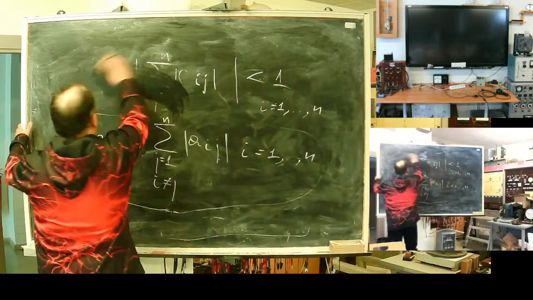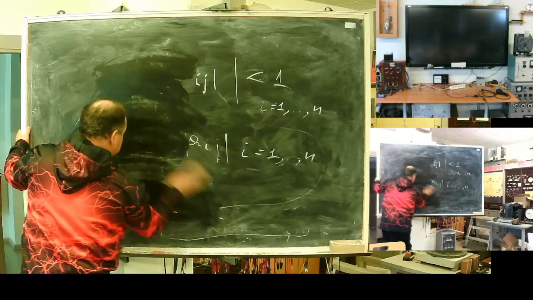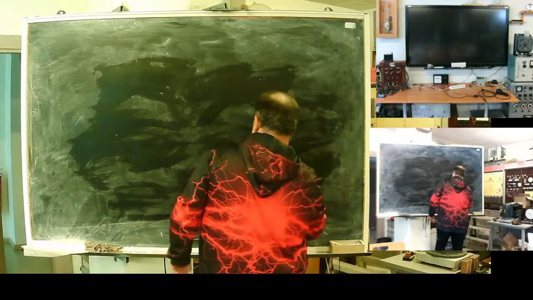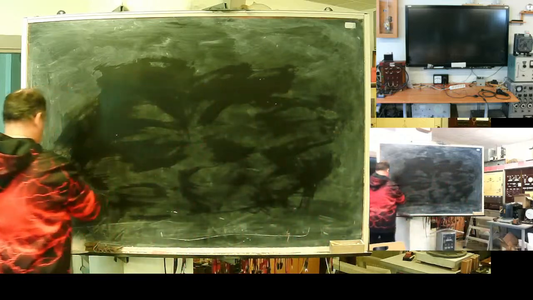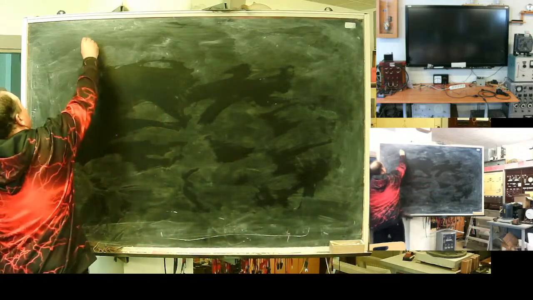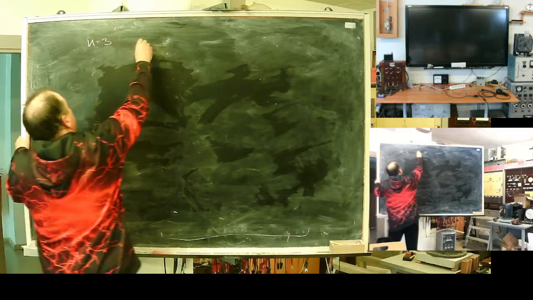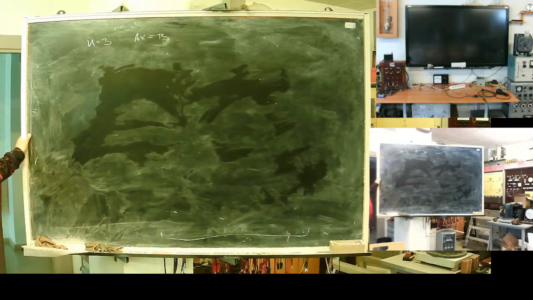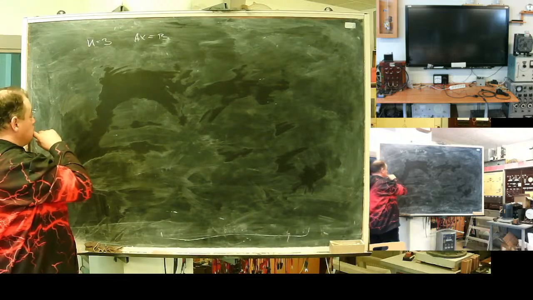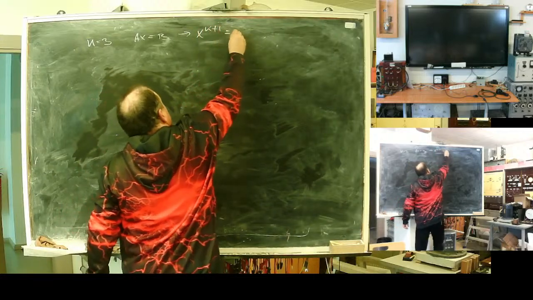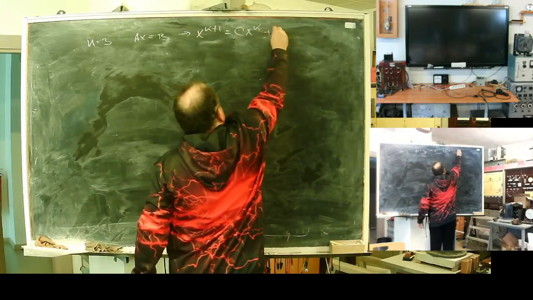What's the idea of Seidel improvement? One second. Let's say we have n equals 3 and we are solving Ax equal to b with a technique of iterative solution. So that means what? x next is Cx previous plus d.